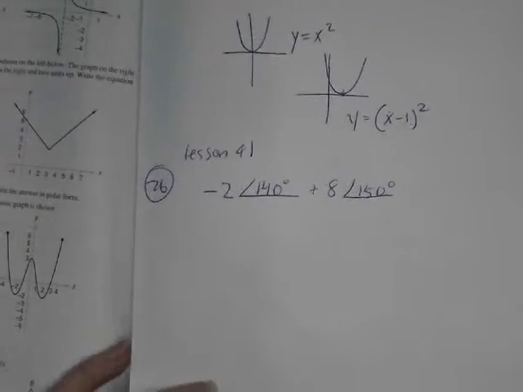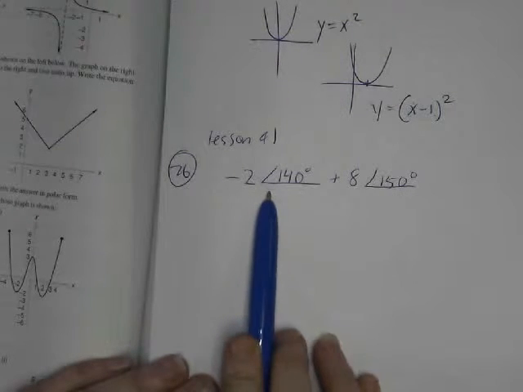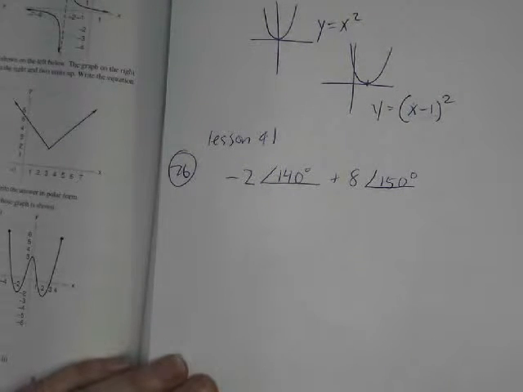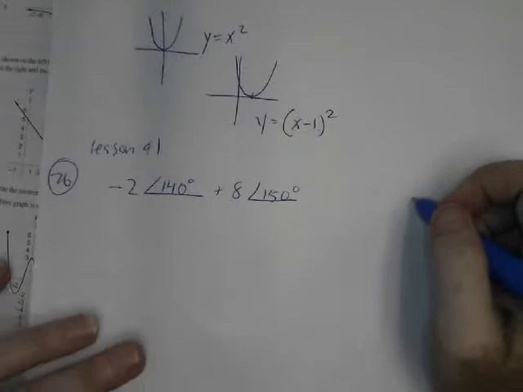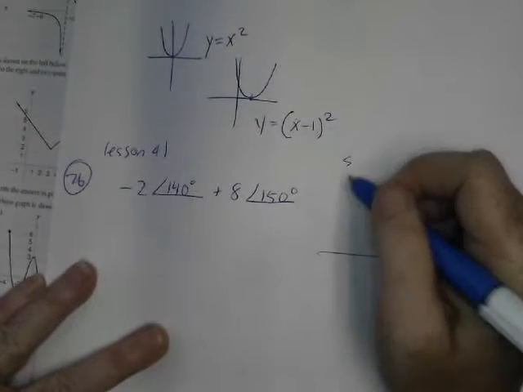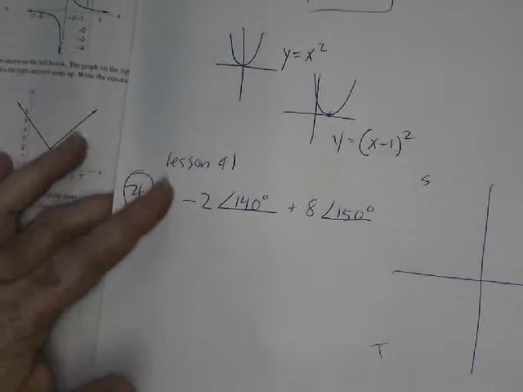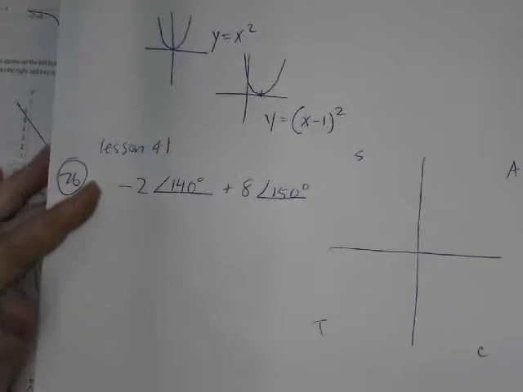Okay, so we're going to find the resultant, which means we're going to find the i's and the j's for each one of them. We're going to add them up, and then we're going to turn it back into polar. So I'll just go ahead and draw the picture. I have a hypotenuse of -2. I have an angle of 140.